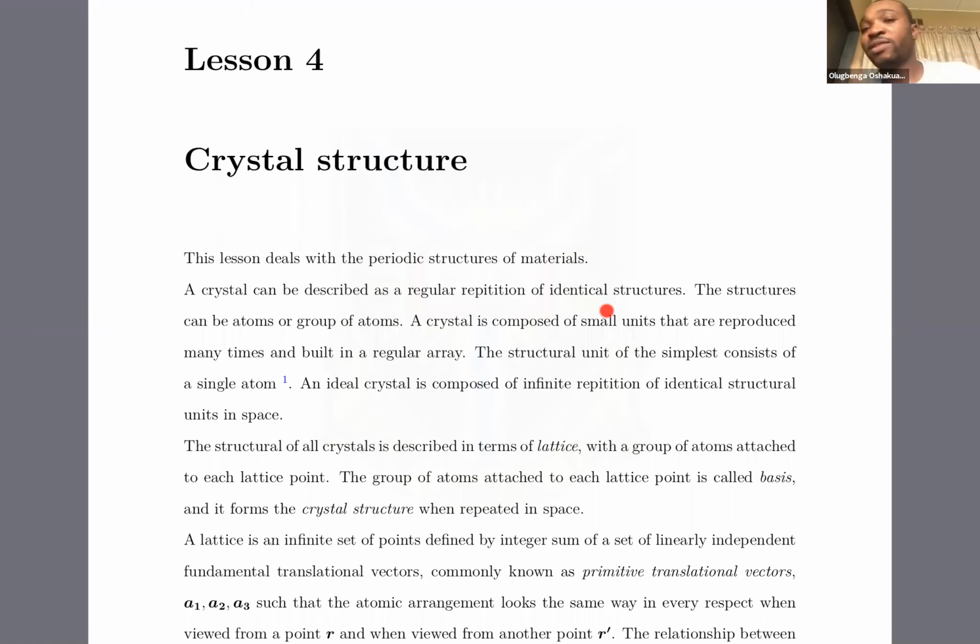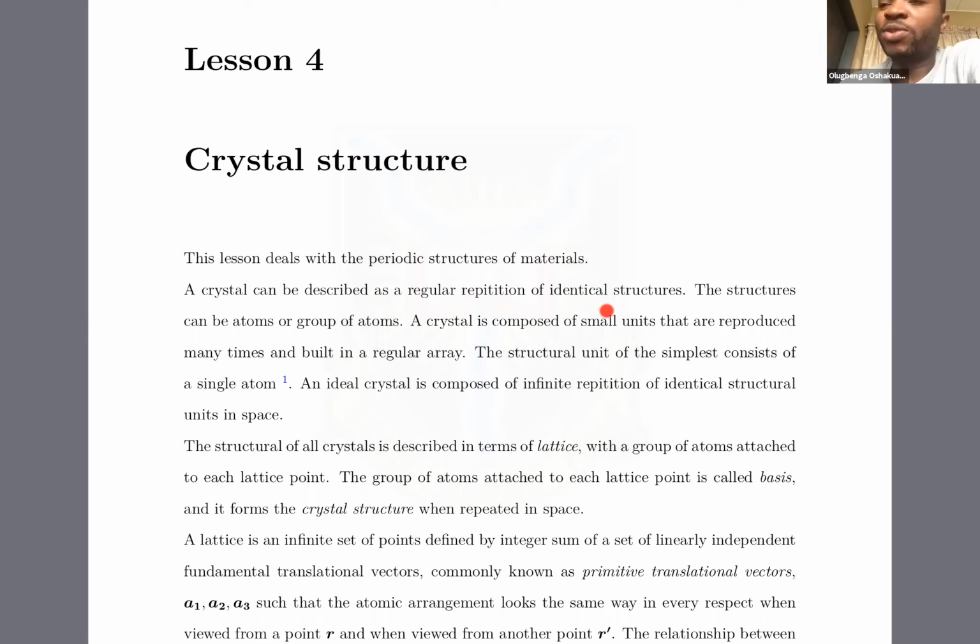The type of pattern that the lattices form gives us information about the nature of the atom.